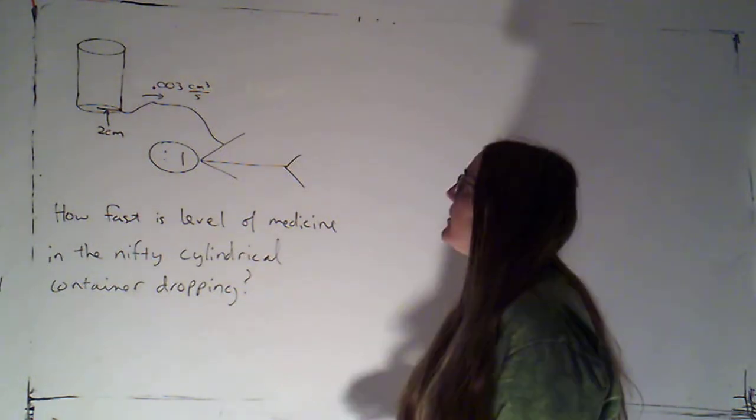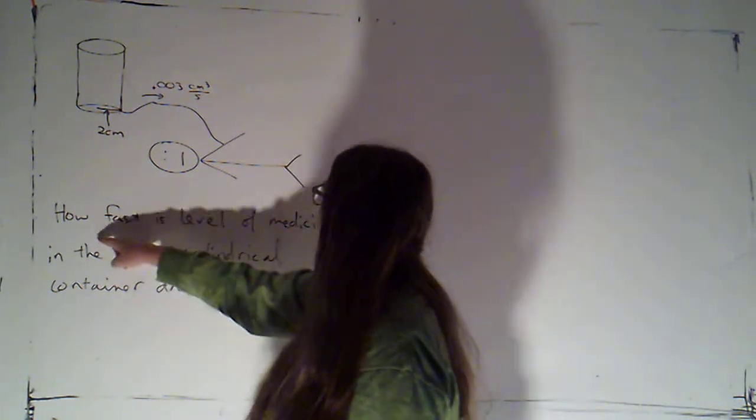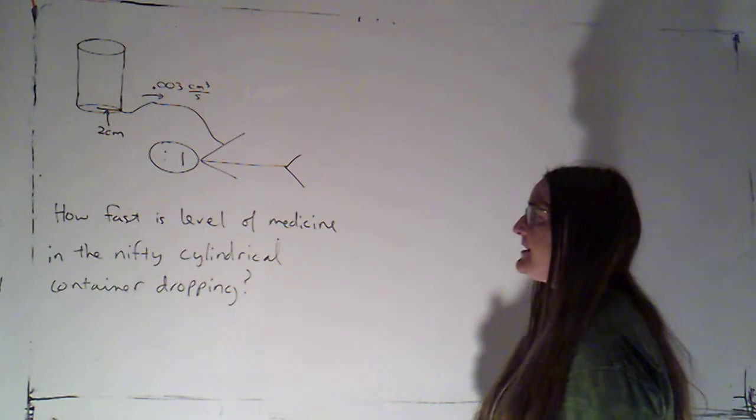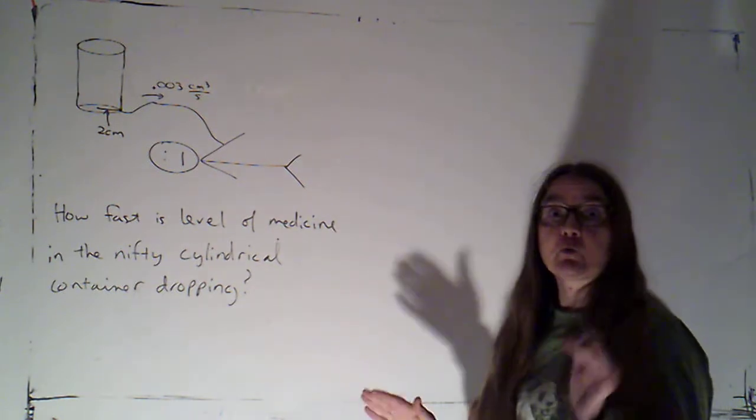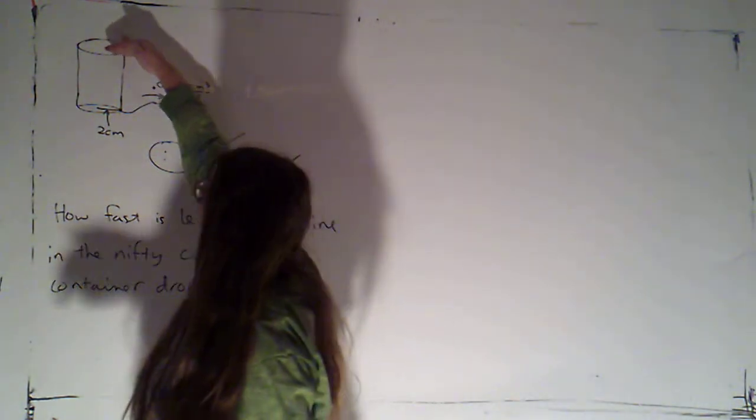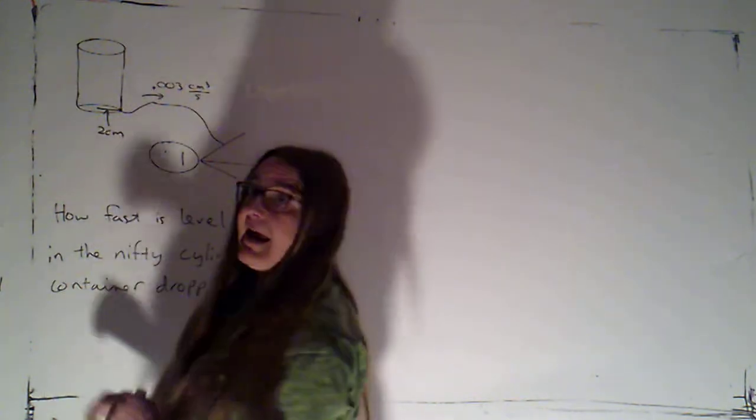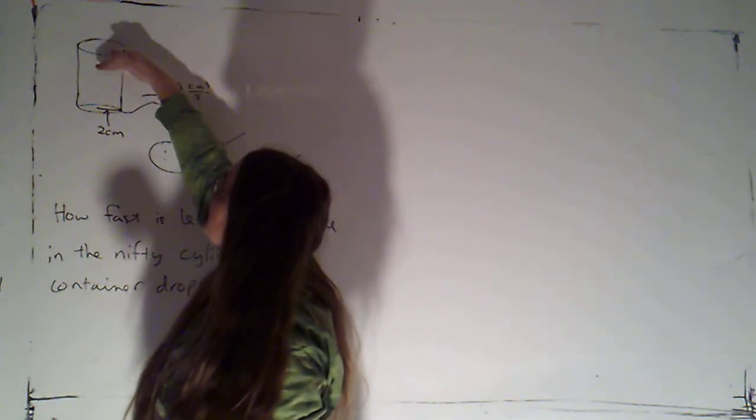Okay, so what we want to know then is how fast is the level of medicine in the nifty cylindrical container dropping? Because if it starts out full, as the medication flows into Harold's arm, the level's going to be dropping.